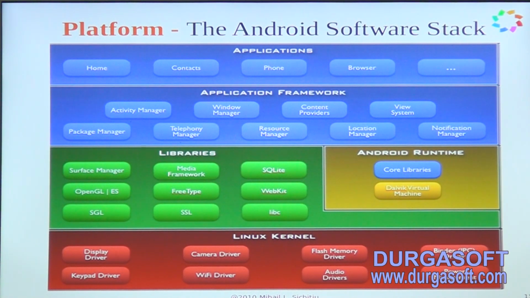So if you have contacts, the contacts in the first layer will be related to the content providers present in the application framework, because the content provider is responsible for saving your contacts in your phone or any other sync, or any data you save in your phone. So contacts will go to content providers and get the contacts to show them.